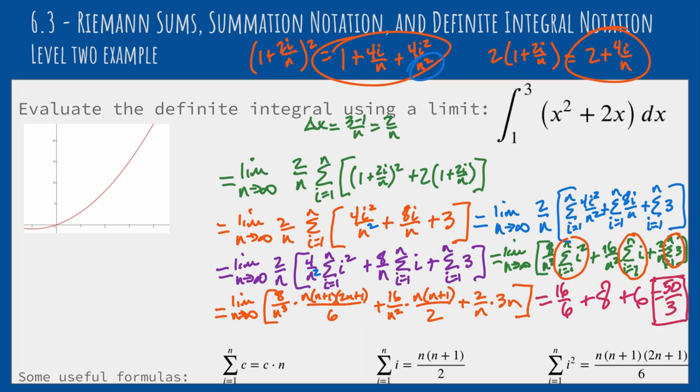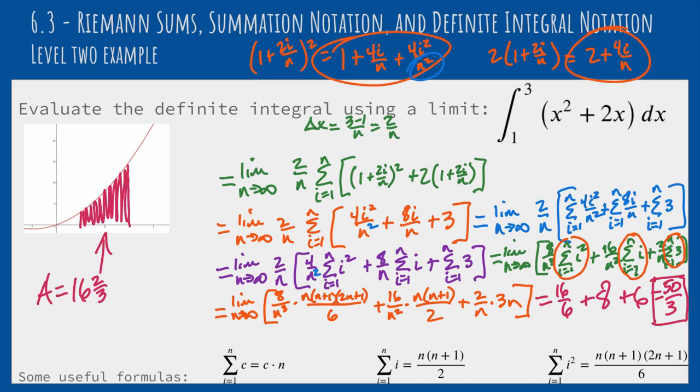And that's our answer. So what that tells me is if we go over to our graph here, this area right here is, using this limit, exactly 50/3 or 16 2/3. So we can evaluate this exactly and say that that area is 16 2/3.